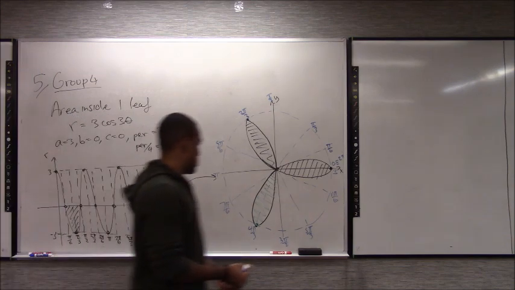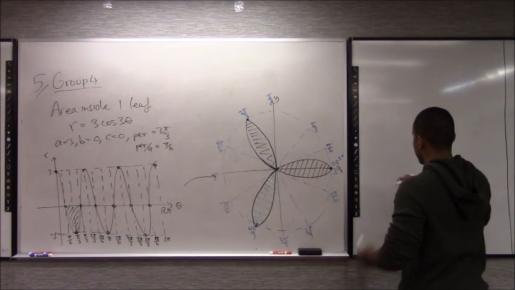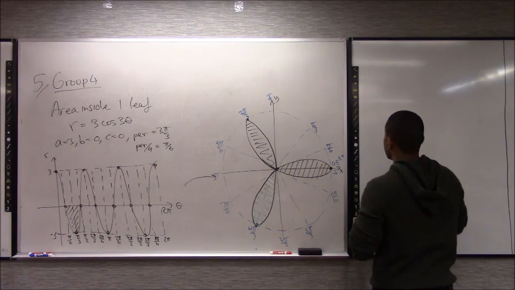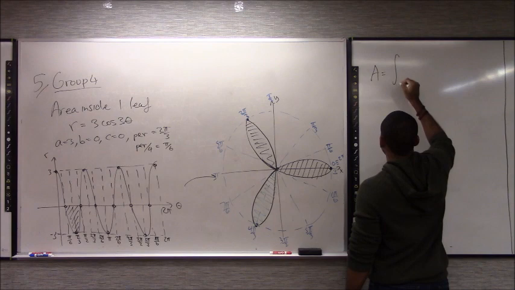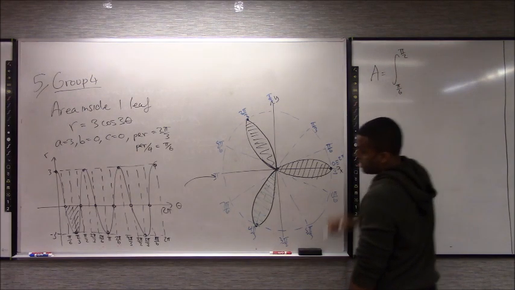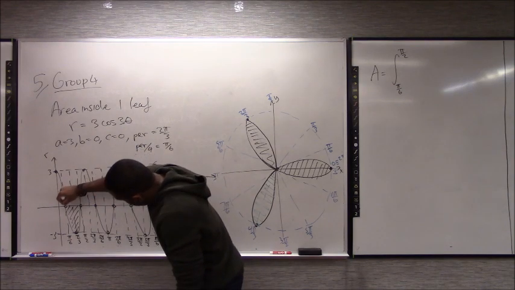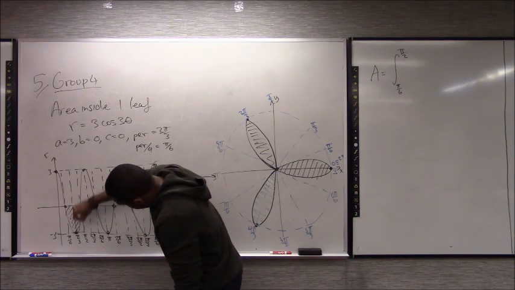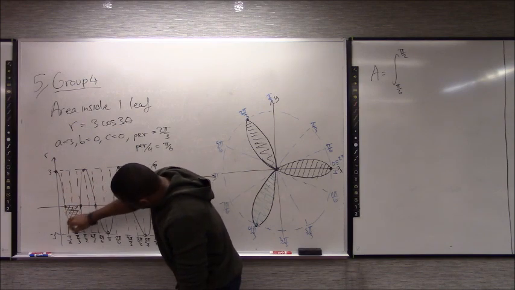And so how did you actually do that? The area is gonna be the integral, considering the green one, from pi over 6 to pi over 2. In fact, you could actually just look at this. You know that a leaf is formed when you start at the origin, you go away from the origin and you come back. So you can just find the area of any one of these.